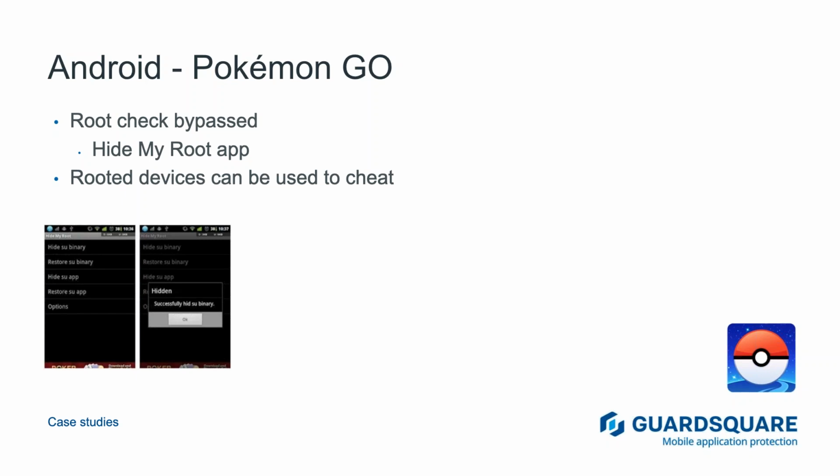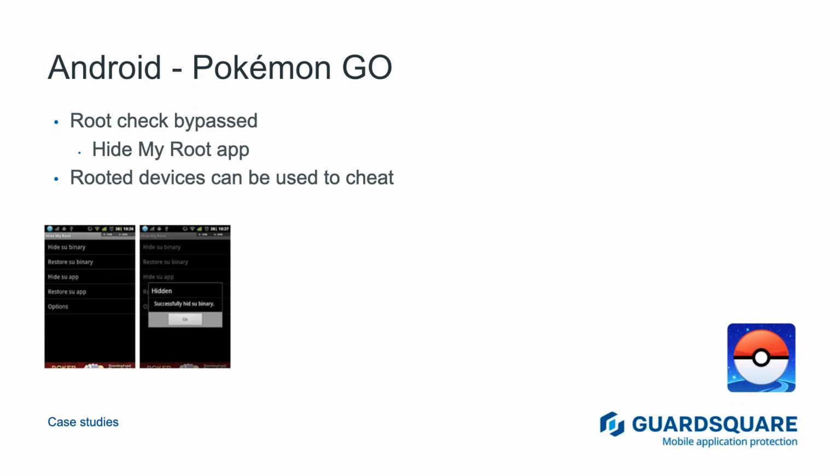So they have some kind of joystick printed on the screen on top of Pokémon GO, and using that joystick, they can actually move around the map instead of, from their couch, actually walking outside and going to these locations. So that was one thing they wished to avoid, of course. They don't want cheaters to use their app. And they try to avoid that by detecting if a device was rooted.